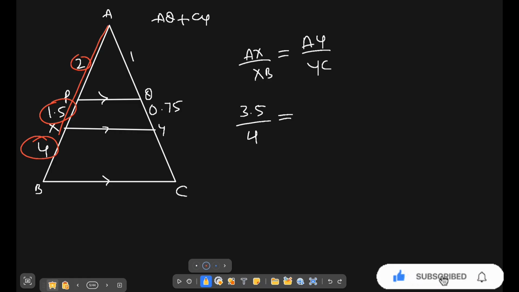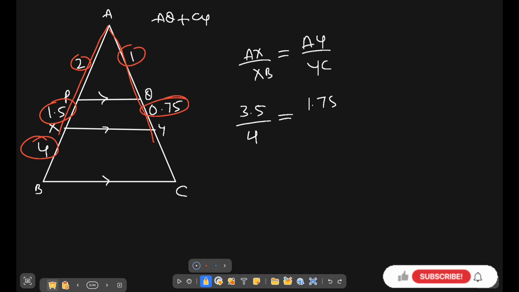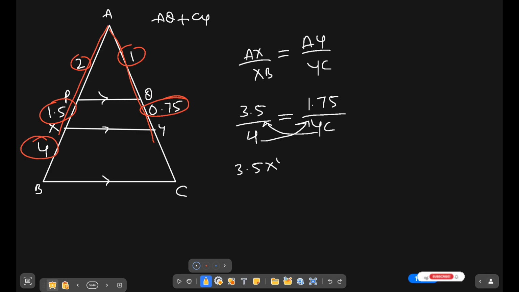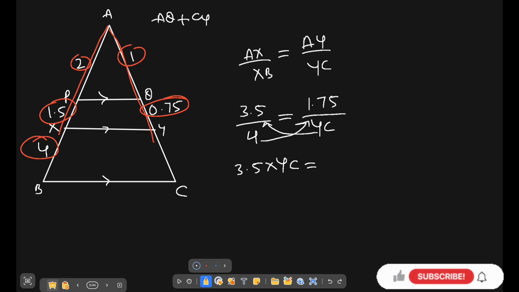So AY is nothing but 1 plus 0.75, 1.75, by YC. YC is what we don't know here. So bring YC to the left side, 4 to the right side. If you bring YC to the left side and send 4 to the right side, it becomes 3.5 into YC is equal to 1.75 into 4.